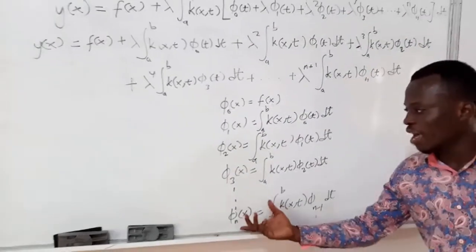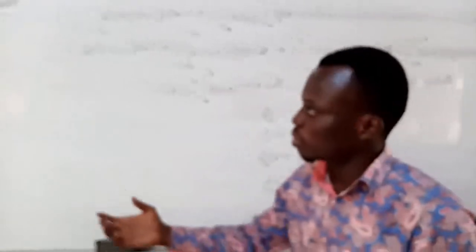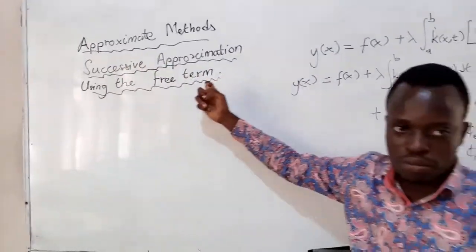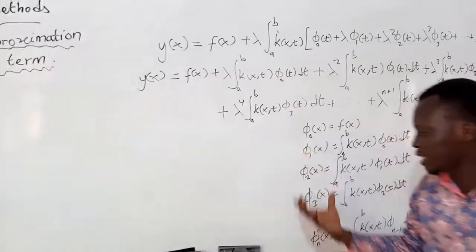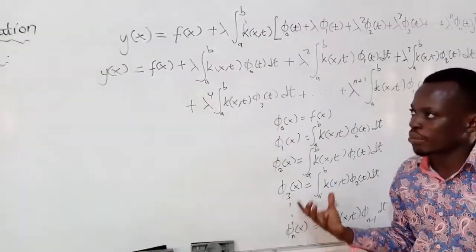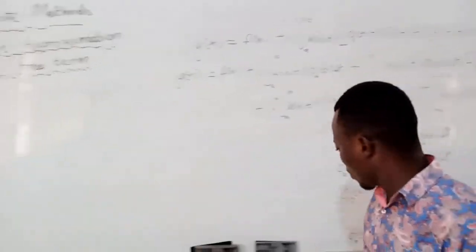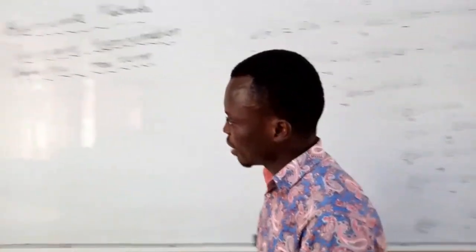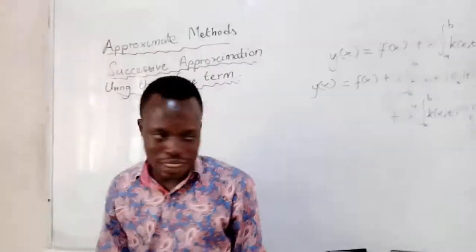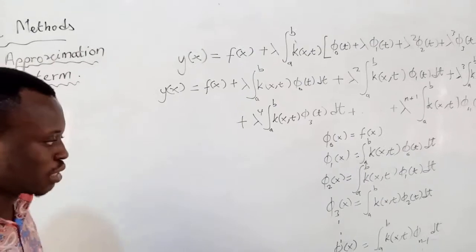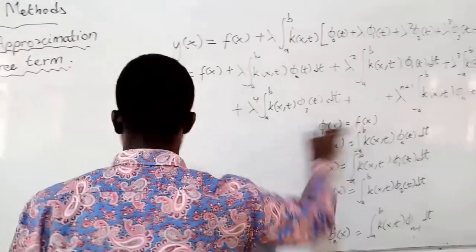The method of generating this phi n is called the method of successive approximation. So anytime you are given a Fredholm integral equation, you can use this method.